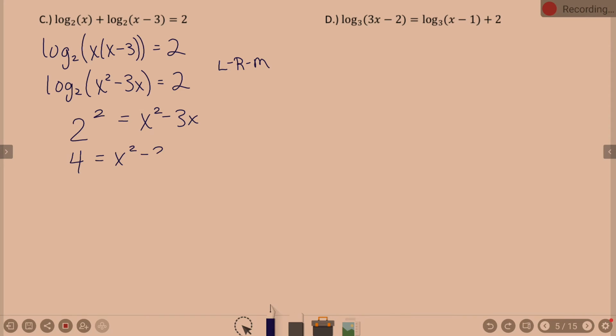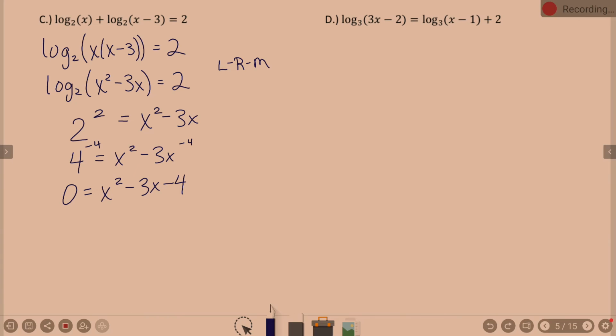So 4 equals x squared minus 3x. Make your equation equal to 0. So if I subtract the 4 over, 0 is x squared minus 3x minus 4.